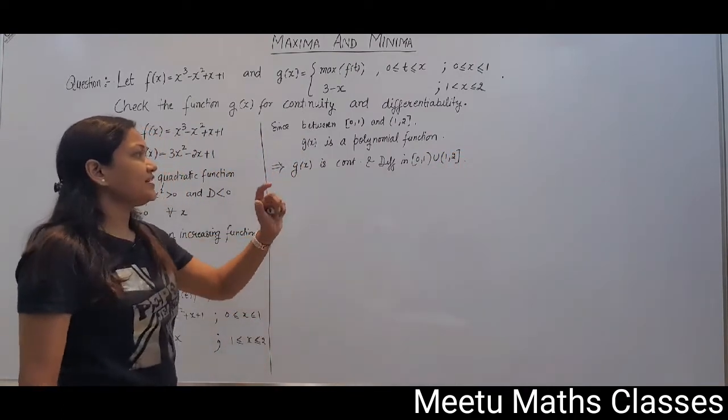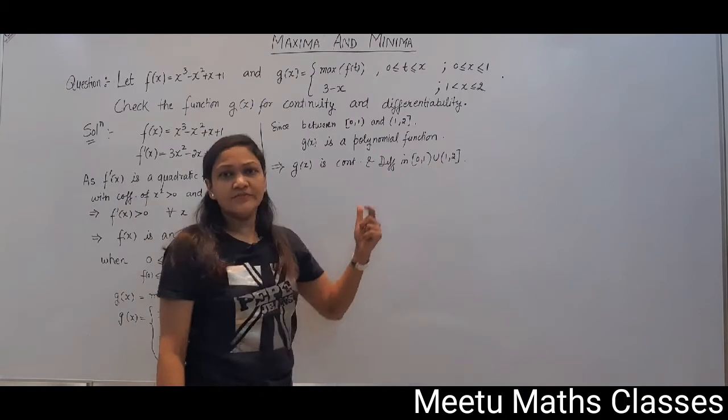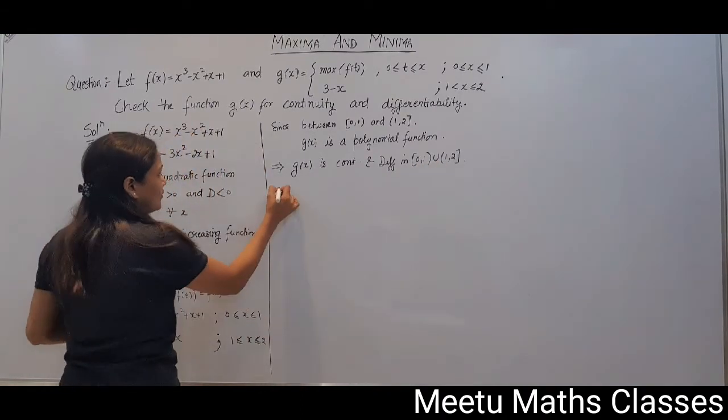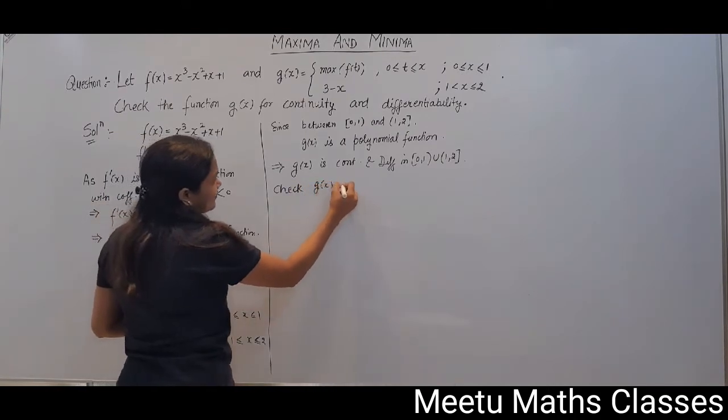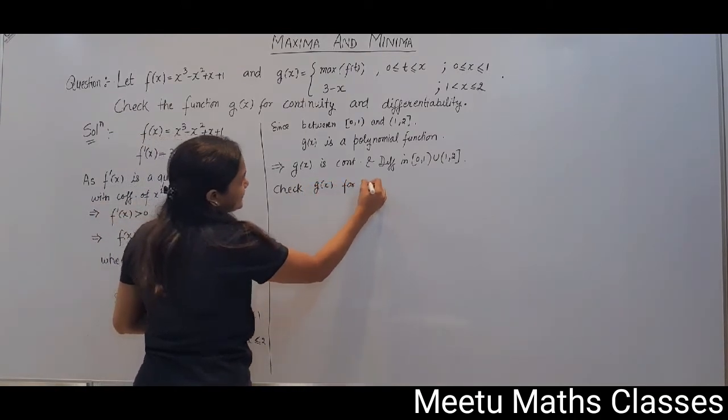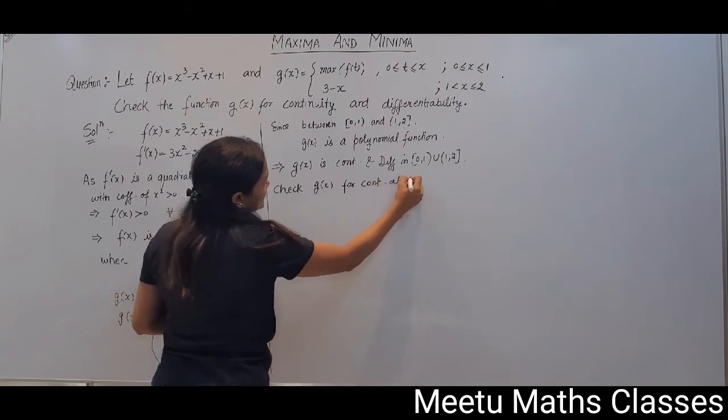So you have to just check your function at x equals 1 only. Check g(x) for continuity at x equals 1.